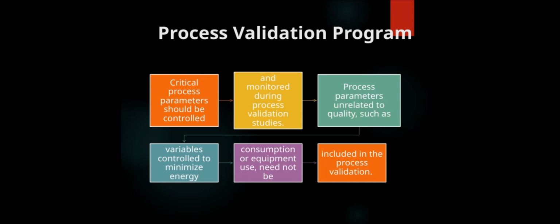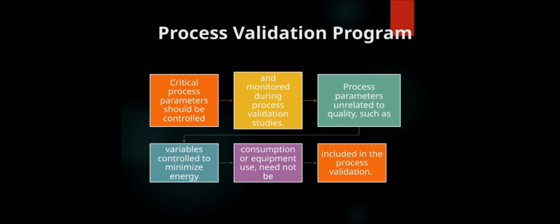Let's take a closer look at the process validation program. This program is a critical component of ensuring our processes are consistent, reliable, and effective. It involves a systematic approach to verify that our manufacturing processes produce products that meet all quality standards. By validating our processes, we can identify potential issues early on and implement improvements proactively. Key points to remember are that process validation isn't a one-time event. It's an ongoing activity that helps us maintain control over quality.